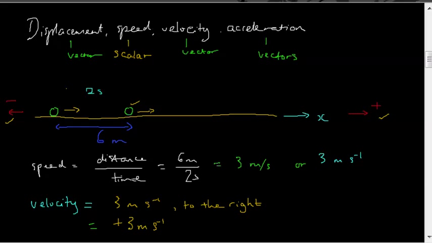If I see the plus sign, I would know that I'm talking about the right hand side. That is convenient. I don't actually have to write to the right anymore. Likewise, if it's going to the left, I'll just write minus 3 meters per second. So now that we have a way to conveniently write down the direction, let's think about how we could actually define acceleration.